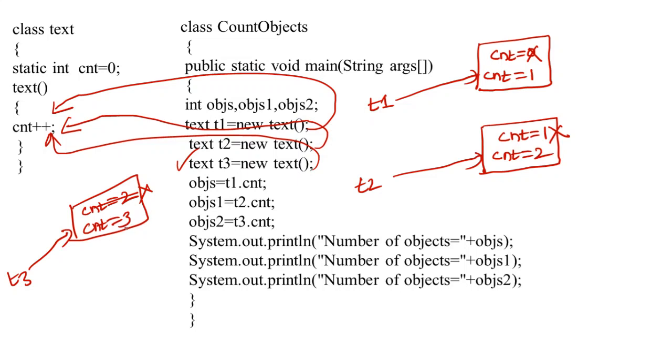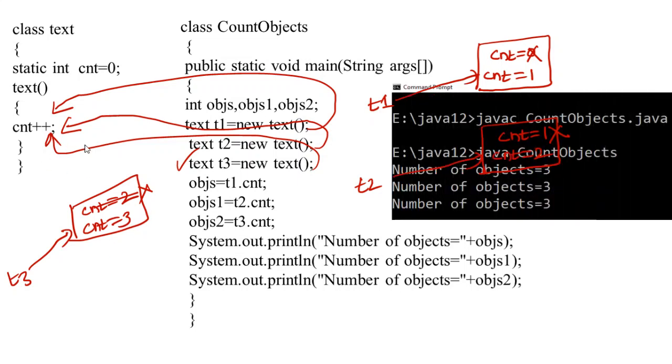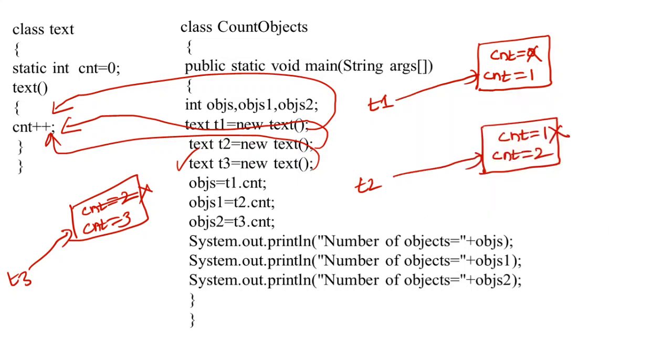Just observe the output and you can understand the difference. If you see the output, this will be 3, this will be 3, this will also be 3.